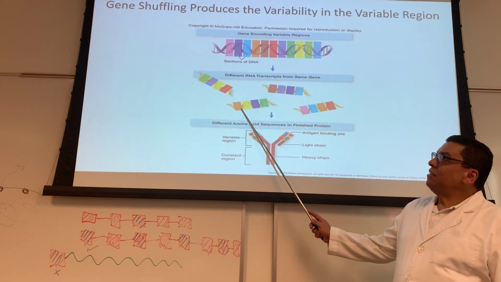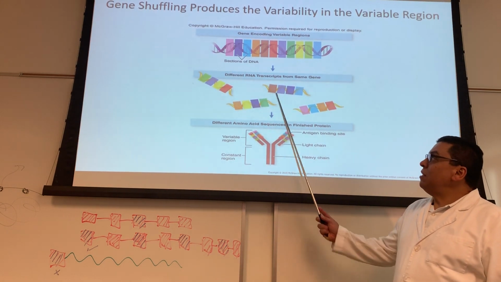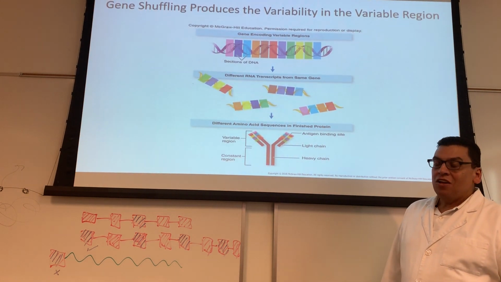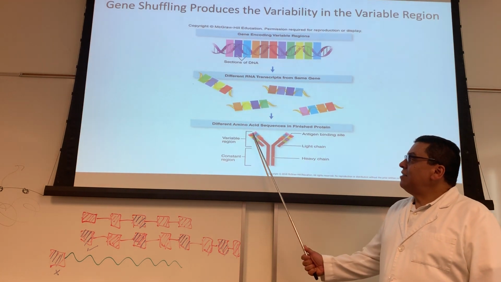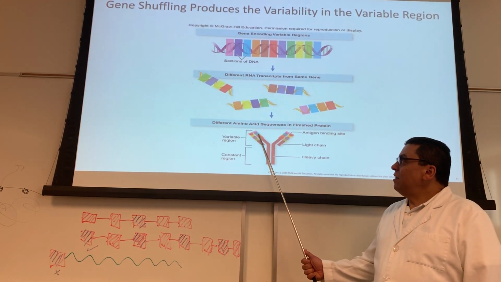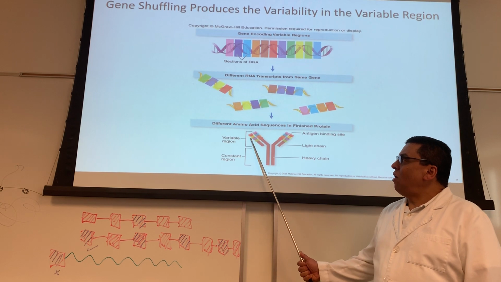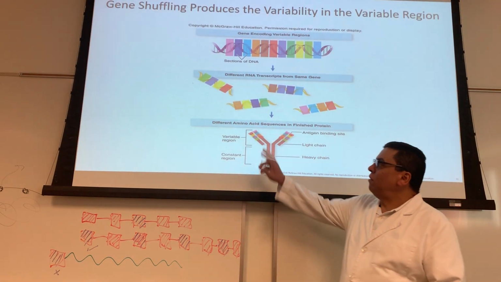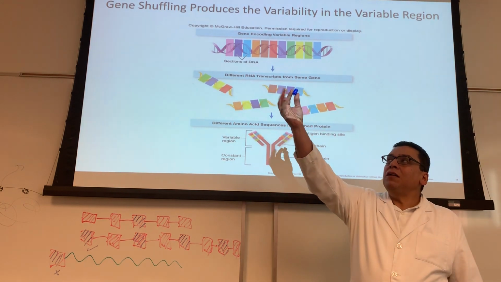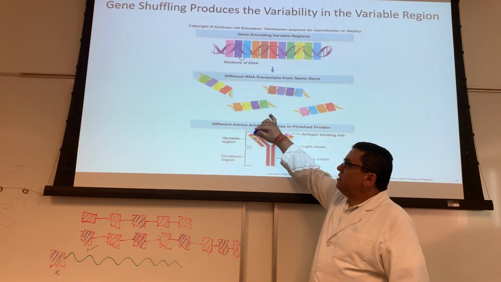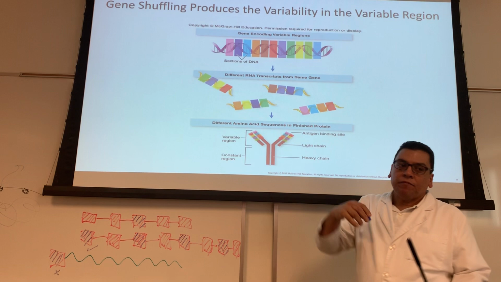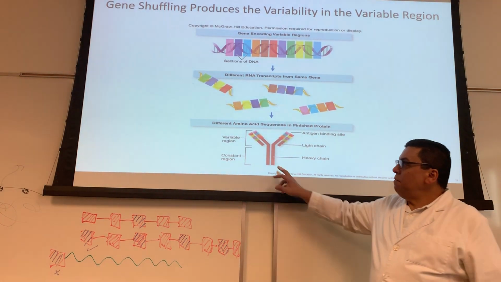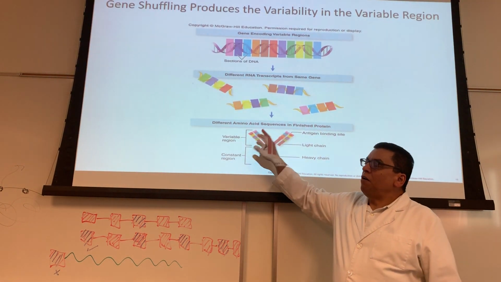In other cases, this shuffle is produced. So this antibody has this shuffle. If you notice, the same shuffle on this arm is the same shuffle on this arm. And if this shuffle recognizes the blue one, then it's going to recognize the blue one here and the blue one there. Because the same antibody will have the same 2 variable regions.